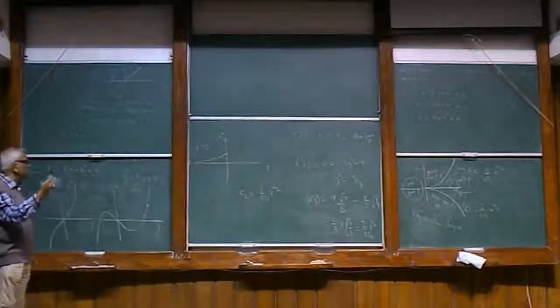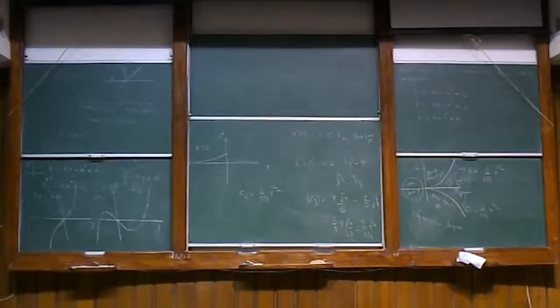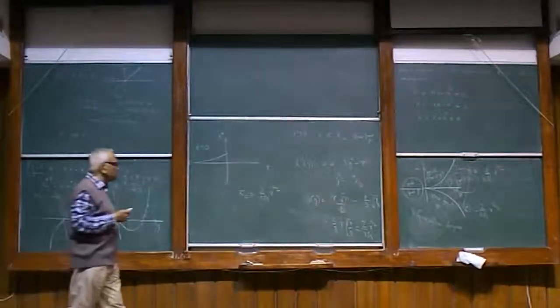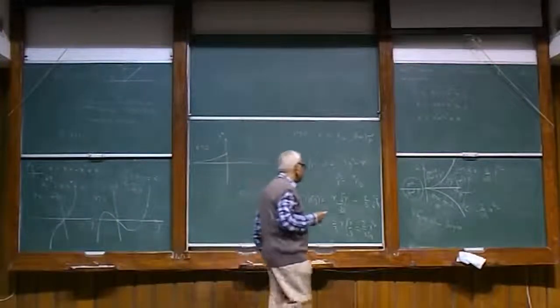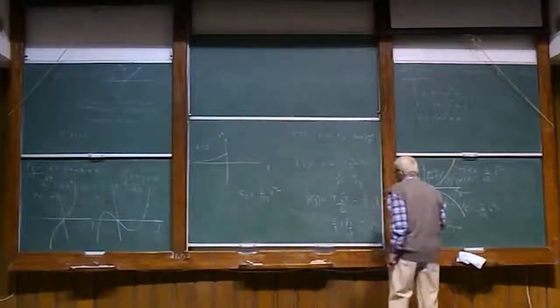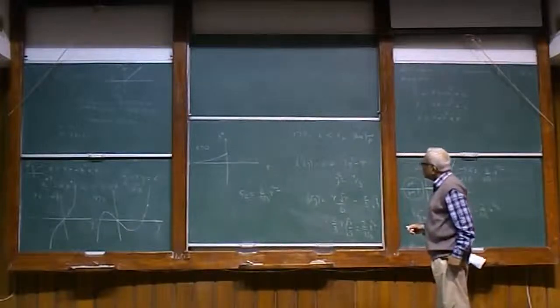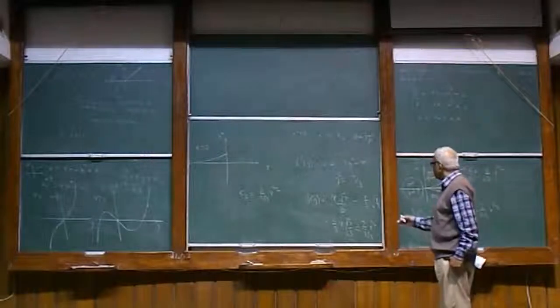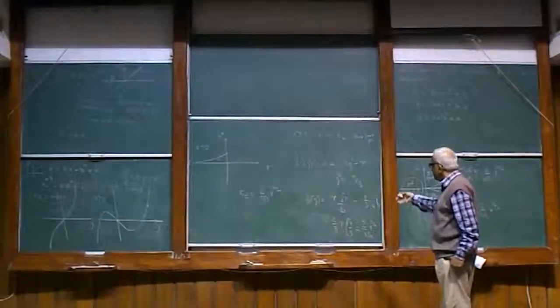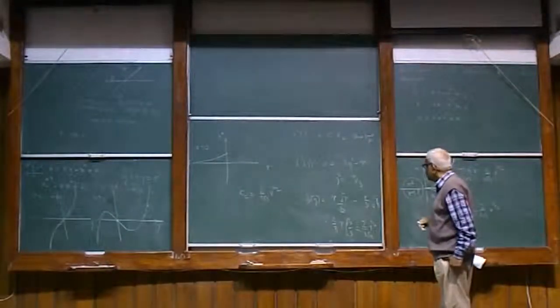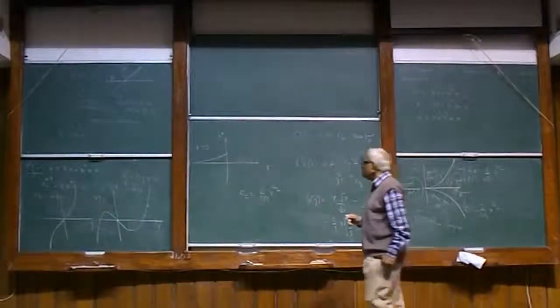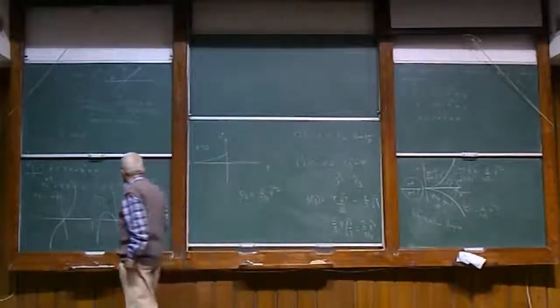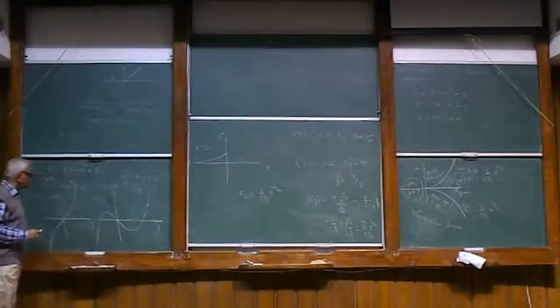Now I want to continue beyond r equal to 0, and I have to see that for r greater than 0, if epsilon is less than epsilon critical, I should be having three fixed points. So you look at these fixed points over here.